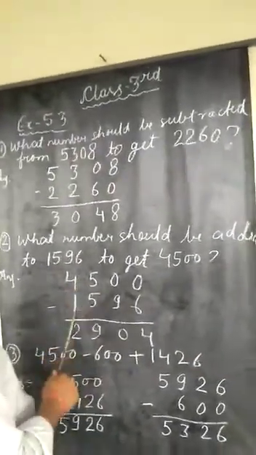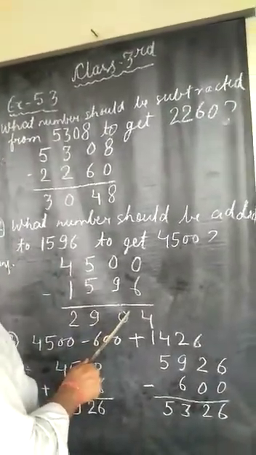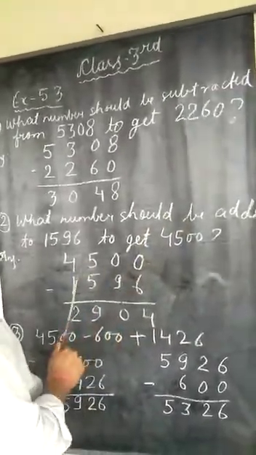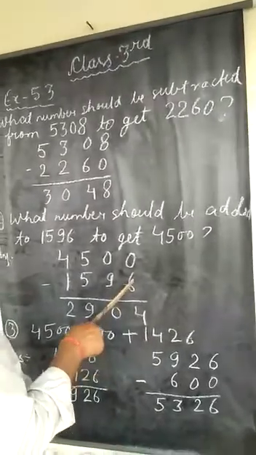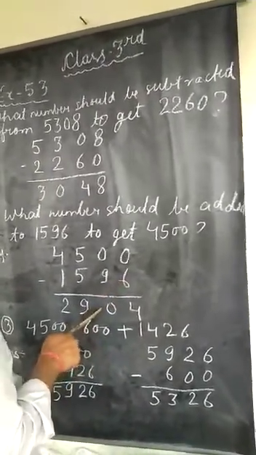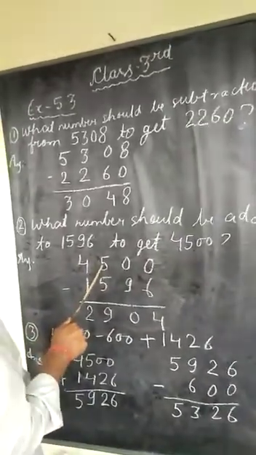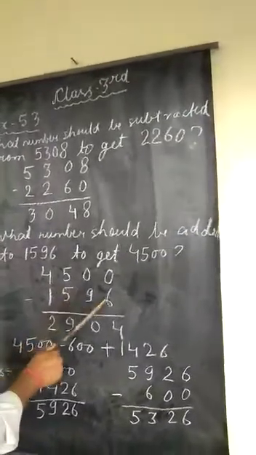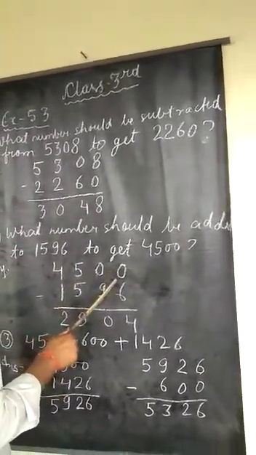Here 3 minus 1 equals 2, so 2904 is the number we add to 1596. Which means if we add 2900 to 1596, we get 4500.